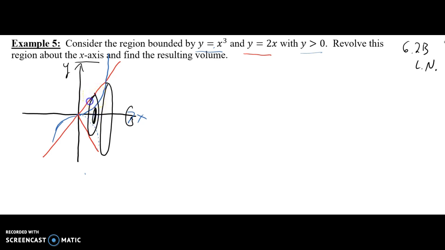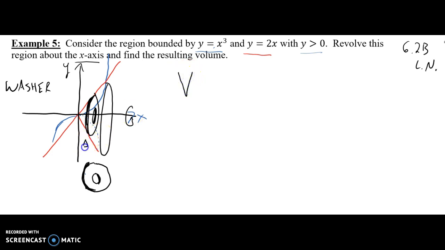Instead of looking like a disc, this hole makes it what we call a washer. It's got a little bit of thickness, of course.